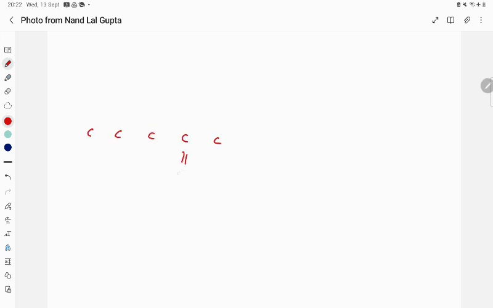On the second position, O is there. On the third position, CH3 is there, and here is a double bond also. So here is CH3, single bond, here is single bond, here is CH3.